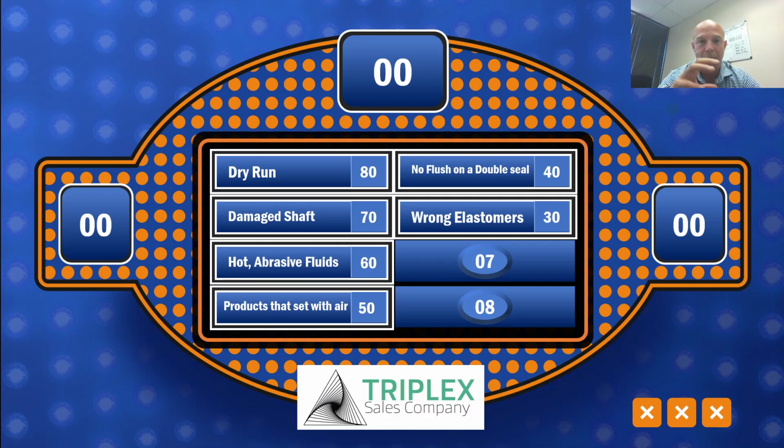We have inner seal O-rings that play an integral part in sealing. If those elastomers start to fail or fail prematurely, it's going to lead to our pump seal failing quicker than it should. So that's where we talk about, with hot abrasive fluids, setting it up on the front end right, having the right seal materials, the right elastomers, so that we can optimize for that application.